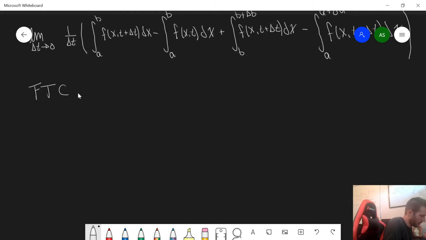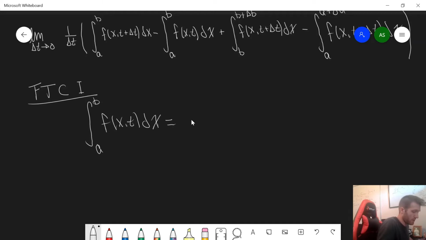Fundamental theorem of calculus 1, which simply states that we have some integral from a to b, some arbitrary function, with respect to x is equal to our function evaluated at b subtracted from our function evaluated at a.